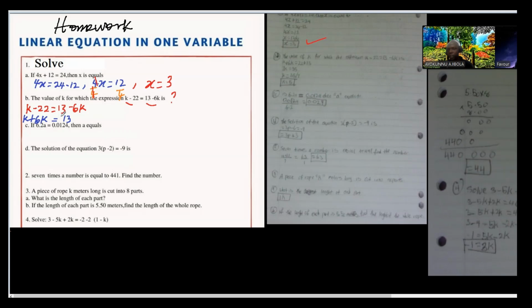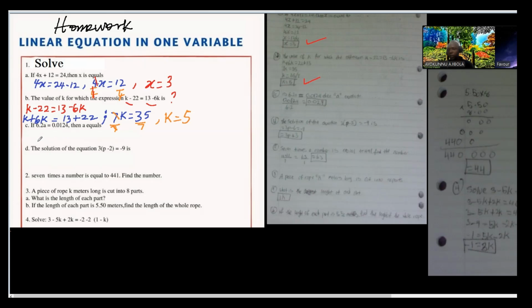Then 22 becomes positive because it was negative. So on the next line, k plus 6k is 7k, and 13 plus 22 is 35. If you divide both sides by 7, 7 cancels 7, then you have k equals 35 divided by 7, which is 5. And again, the answer is correct.